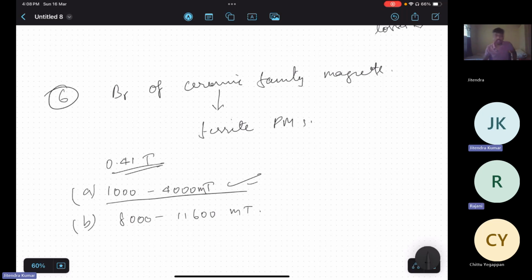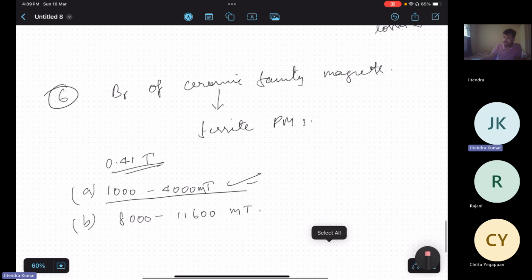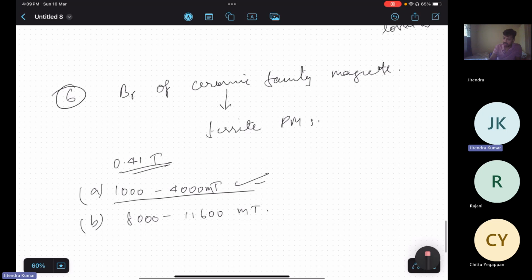But lower energy ferrites are also available in the market, and some are called bonded ferrites, which have a way lower value, like 0.2 Tesla, 0.15 Tesla. So generally it is considered from 1,000 to 4,500 milli Tesla, but the suitable option should be 1,000 to 4,000.